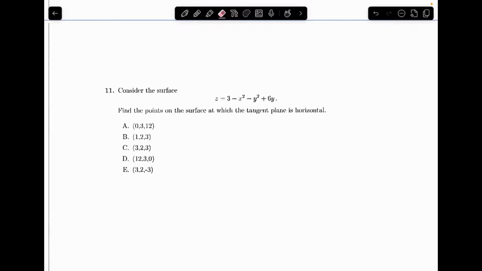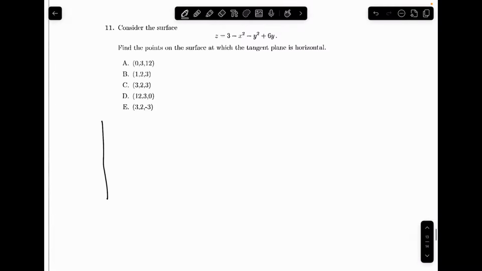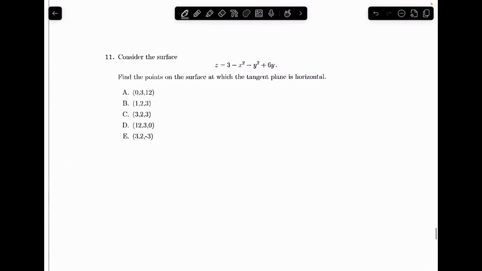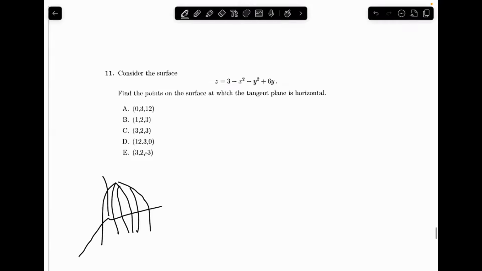Yeah, so we just have a shifted paraboloid, and in 3D our paraboloid is going to be facing downward because we have the minus x squared minus y squared. So if we draw it out, it's going to be something like this, but it's not going to be at 0, 0. It's going to be shifted because of that 6y term.